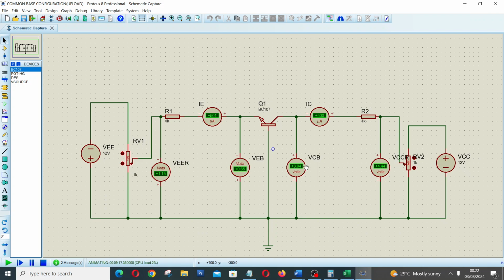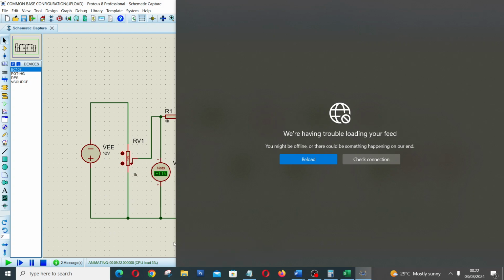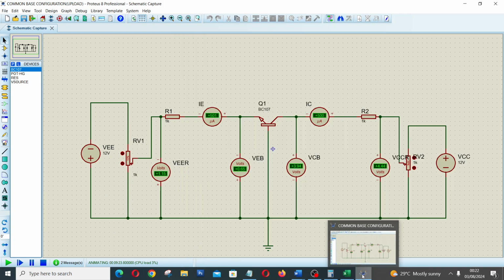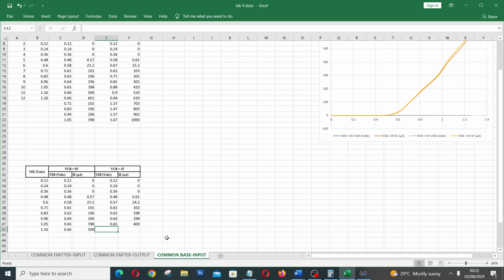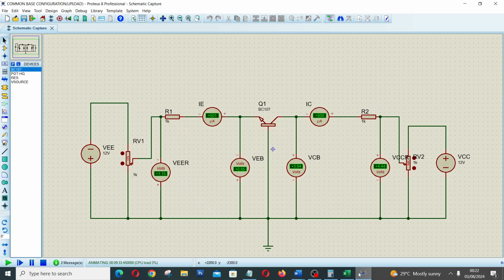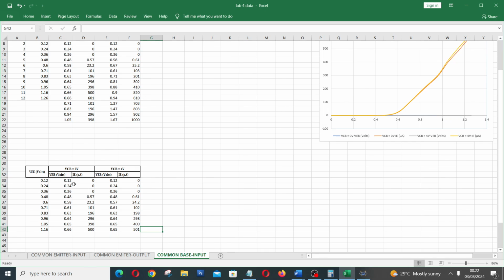The value of VEB is 0.65 and the other one is 501 microamps. With that, we can quickly plot our input characteristic curve.